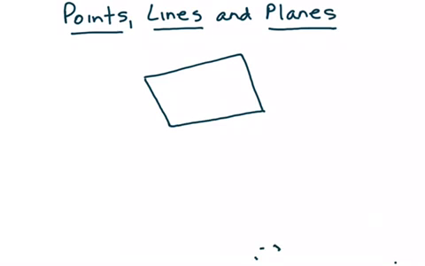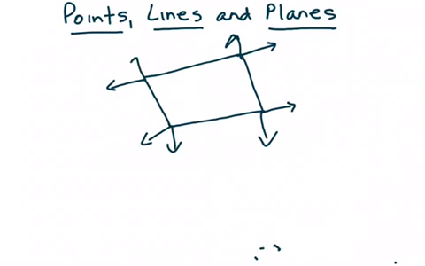It has length and width that goes on forever like this, goes on forever, goes on forever. So a plane is a flat surface that goes on forever, okay?